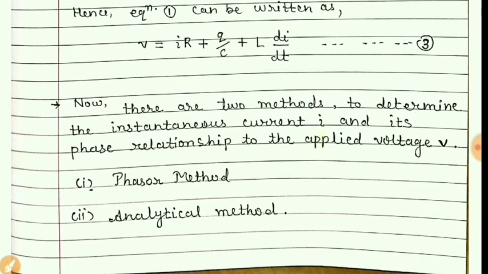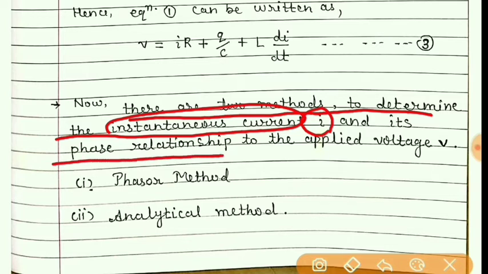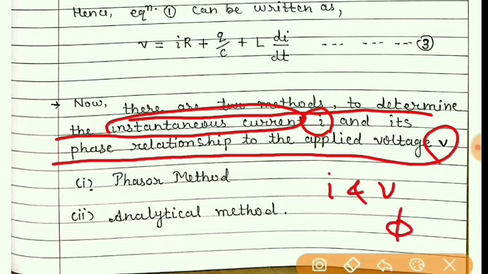Now students, there are two methods to determine the instantaneous current small i and its phase relationship to the applied voltage. That means for this given circuit of LCR in series, we can find the instantaneous current i and the phase difference phi between i and V by using two methods.